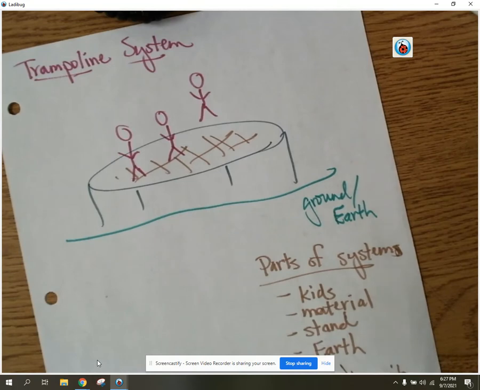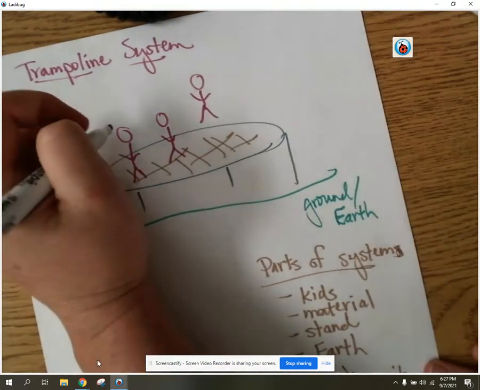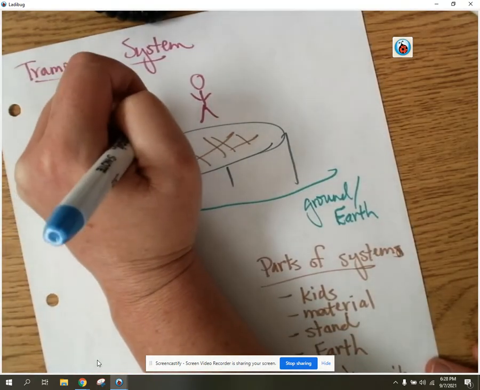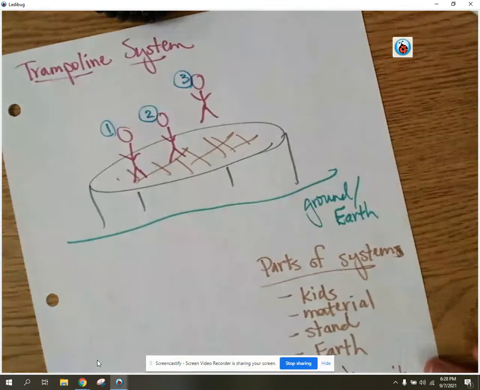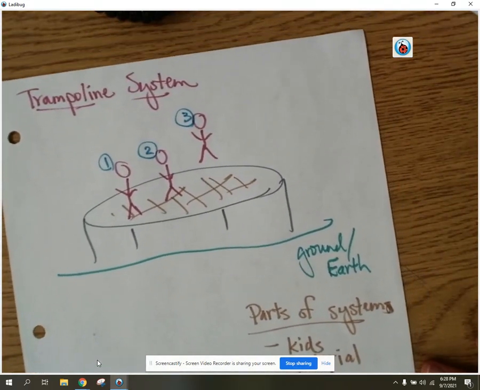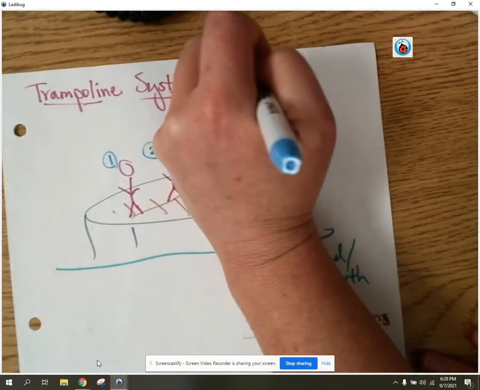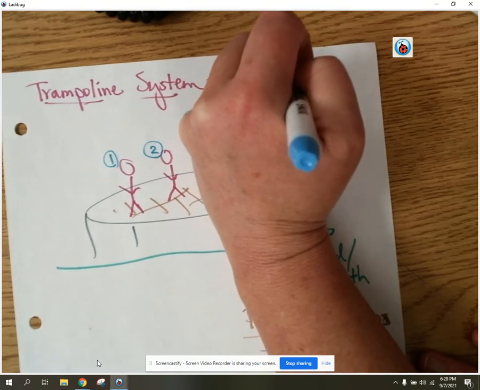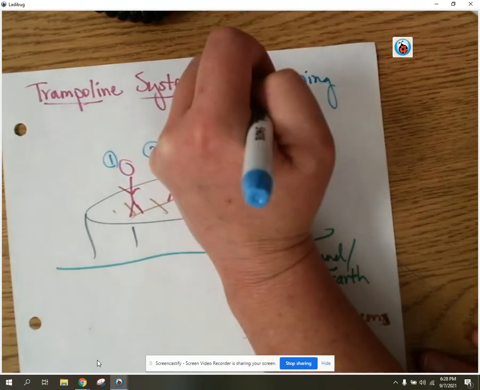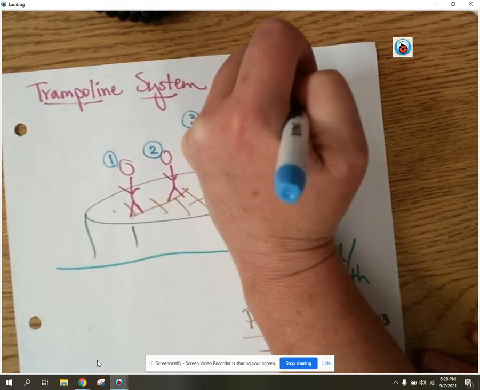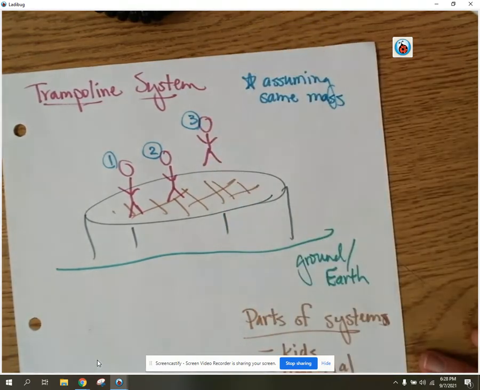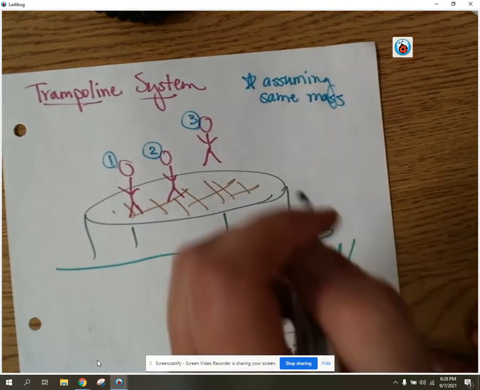So, what if I also were to ask you which of these kiddos, one, two, or three, has the highest gravitational potential energy? So, if we're assuming they have the same mass, then which one has the highest GPE?